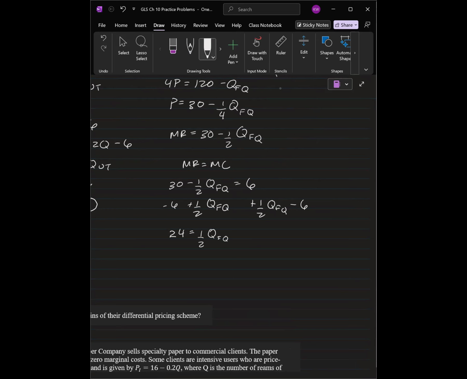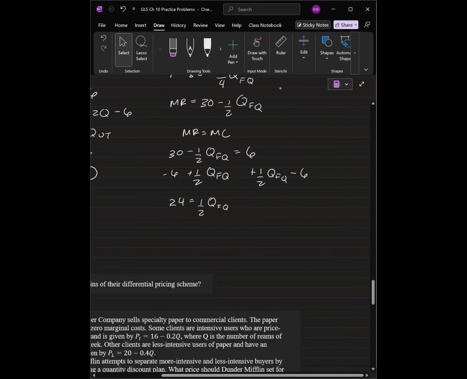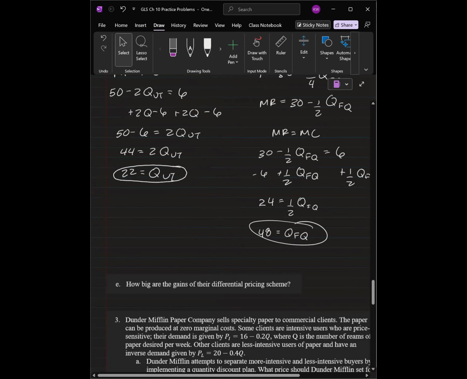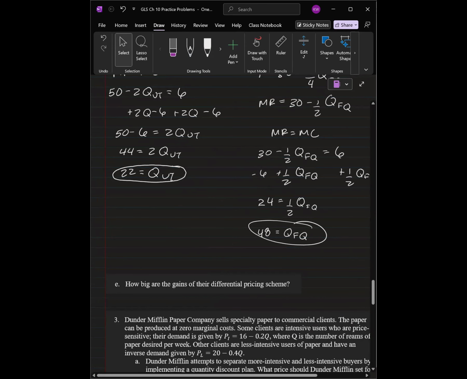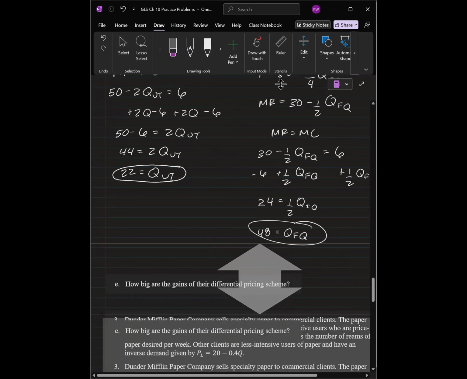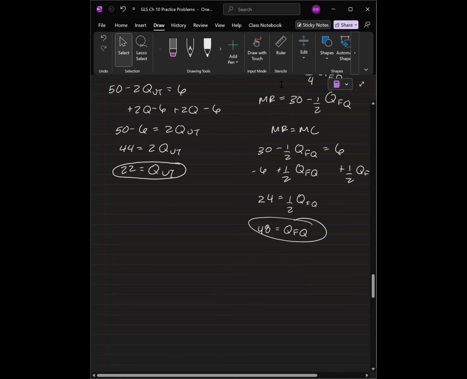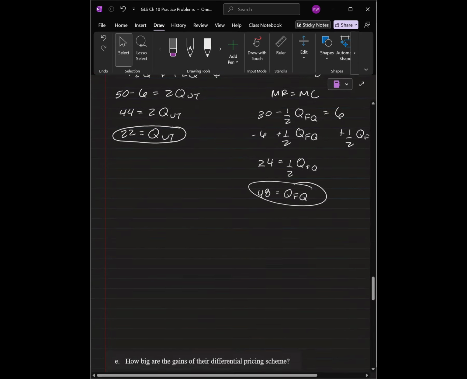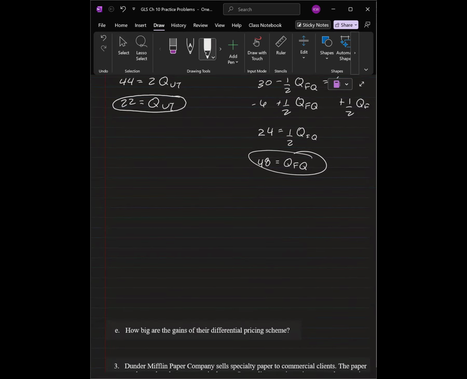And then we'll multiply both sides by 2 to isolate that quantity variable. So we get 48 meals produced in the French Quarter and 22 produced uptown. So you can see that the distribution of meals has changed. Now more meals are going to tourists and fewer are going to locals uptown.